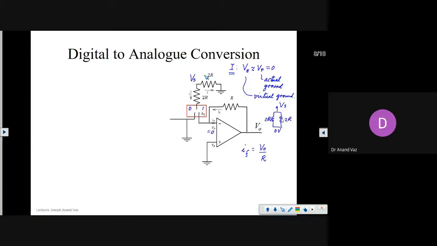So can we replace these two resistances by a single resistance? Yes. Can you tell me? We can.